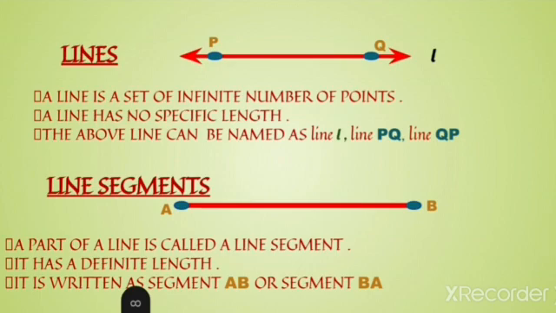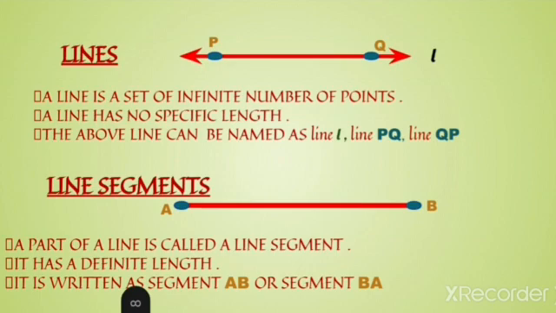Line segments. A line segment is a part of a line. It has a definite length. Yes, and therefore you can see in the picture that a segment has 2 points at the end and they do not have arrows.